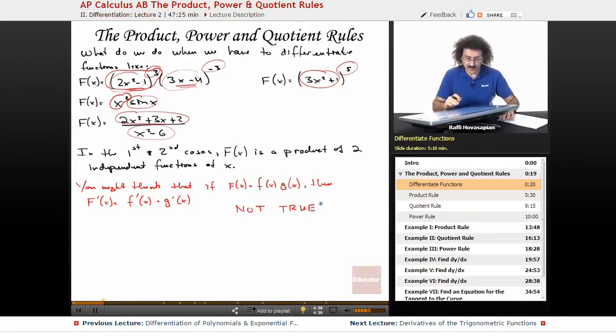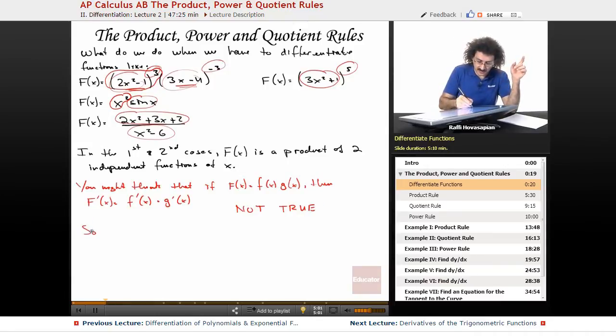Absolutely not true. It's true that the derivative of a sum is the sum of the derivatives, but the derivative of a product of two functions is not the product of the derivatives. It also isn't true that the derivative of a quotient of two functions is equal to the quotient of the derivatives.